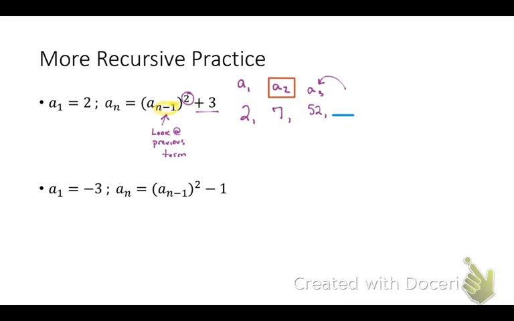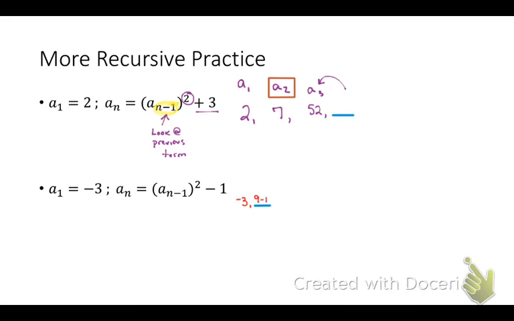Same way on the second one, I'm starting at -3. My first term is -3. To find the second term, I have to square that. So -3 squared is actually going to be +9, and then minus 1.